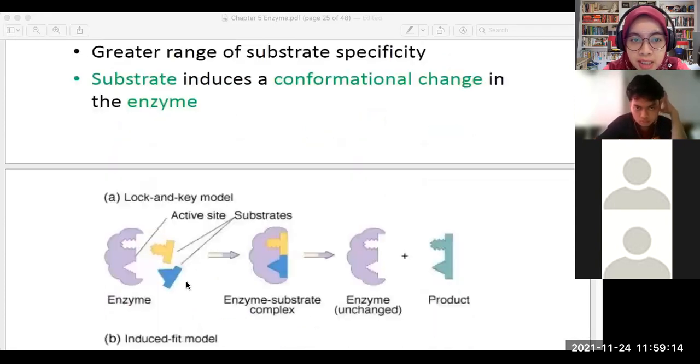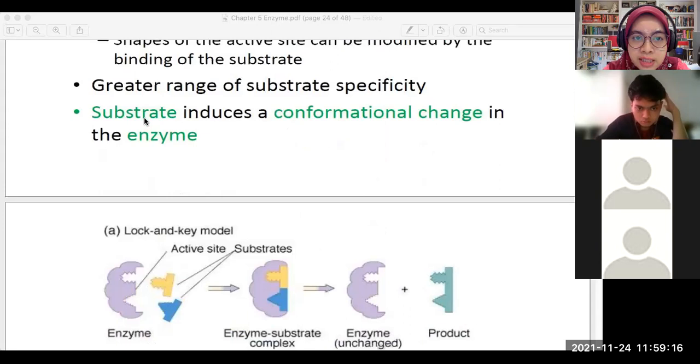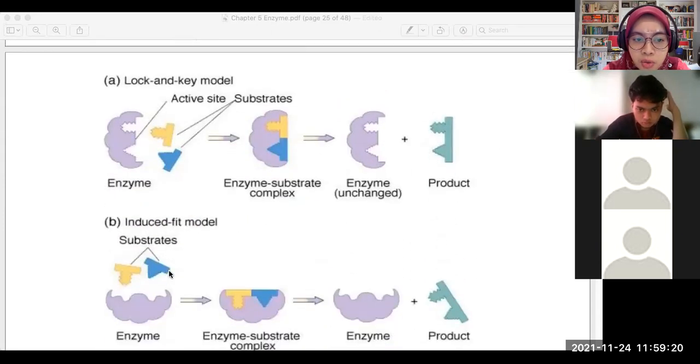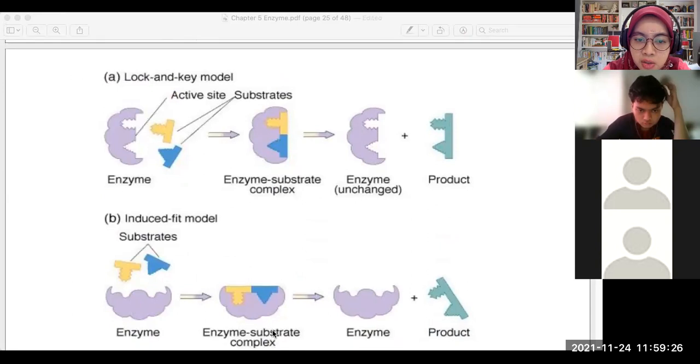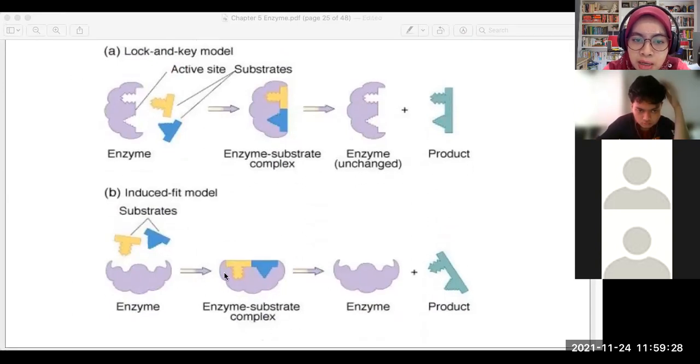This is where the substrate induces conformational changes in the enzyme. When the substrate approaches the enzyme, it will induce a conformational change so that the enzyme arranges itself for the substrate to bind and form the enzyme-substrate complex, and finally form a product. The enzyme may then change back to its original state.